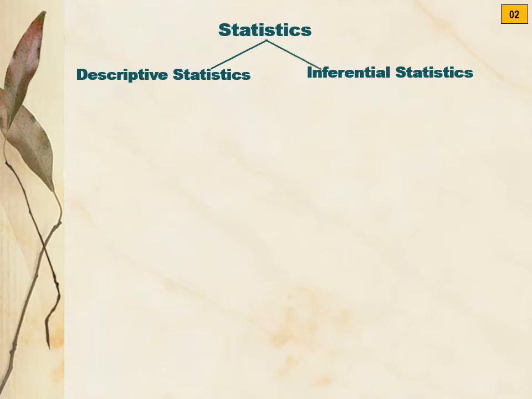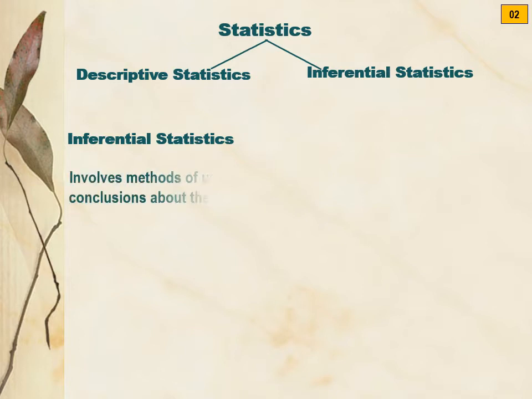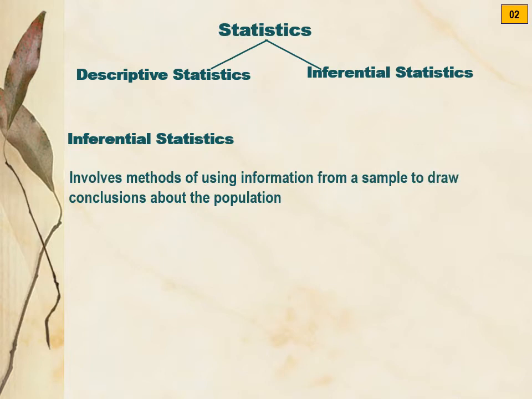Inferential statistics we are going to cover in this presentation. What is inferential statistics? Inference means conclusion, drawing conclusions. Actually, what happens in research, the information available with us is in the form of a sample.